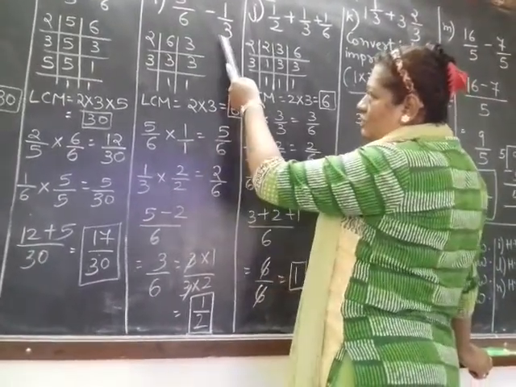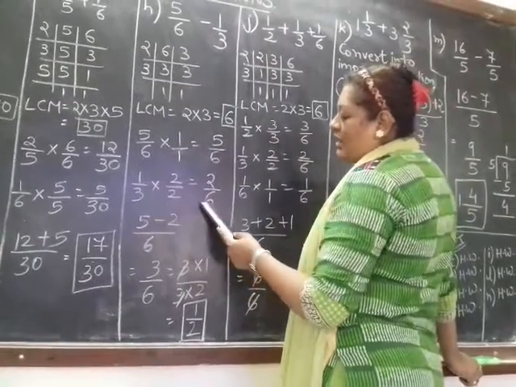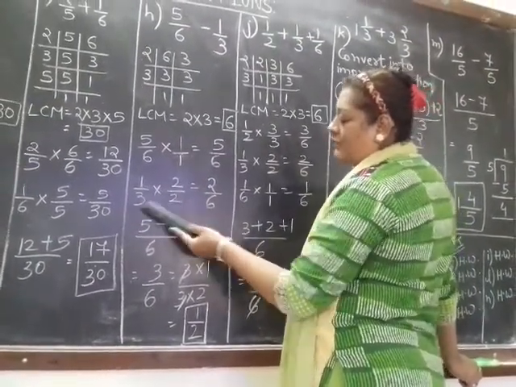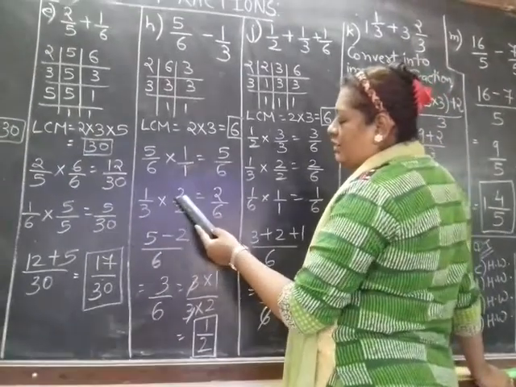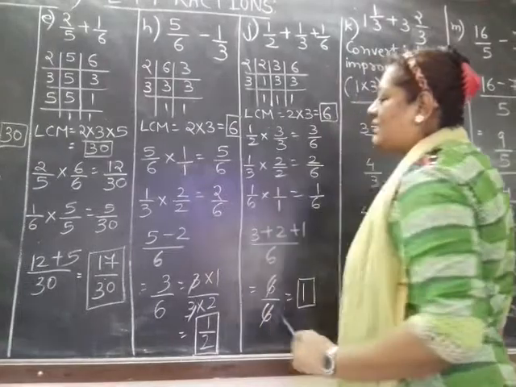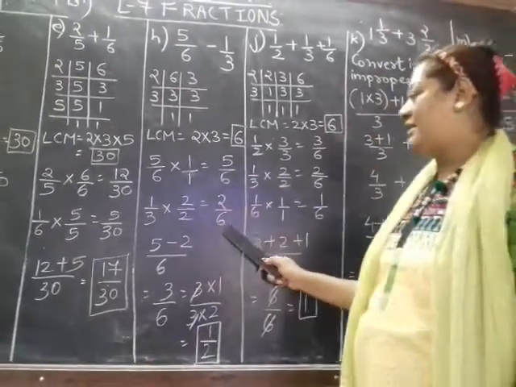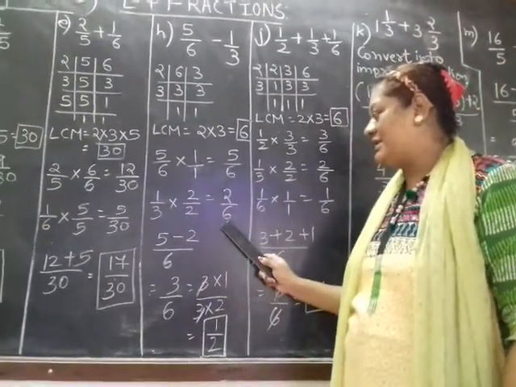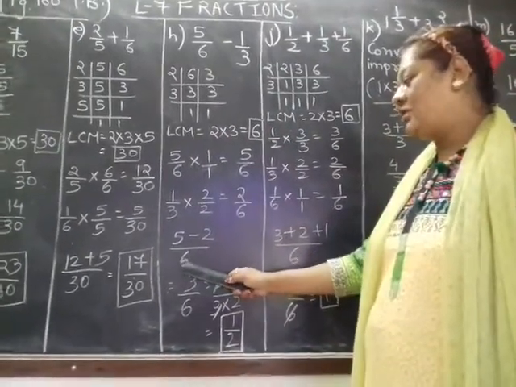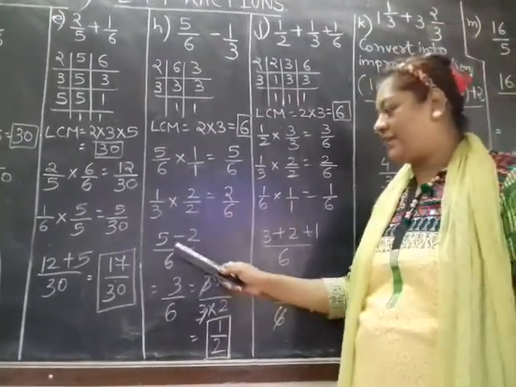Here the next old fraction is 1 upon 3. I want the new denominator 6. So I will multiply 2 with 3 in the numerator as well as the denominator. So 1 2s are 2, 3 2s are 6. Now you can check my new fractions here with the same denominator 6. In between we have to perform a subtraction. So when the denominators are the same, only add or subtract the numerators.